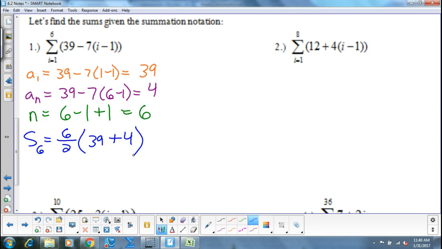And 39 plus 4 is 43. 3 times 43 then is 129. So the sum of the first 6 terms is 129.